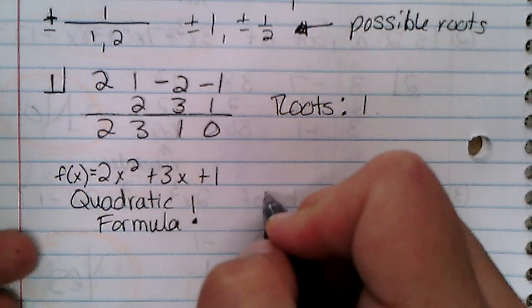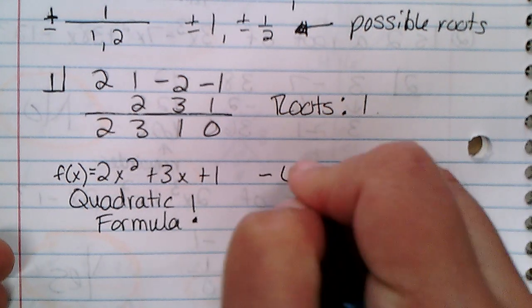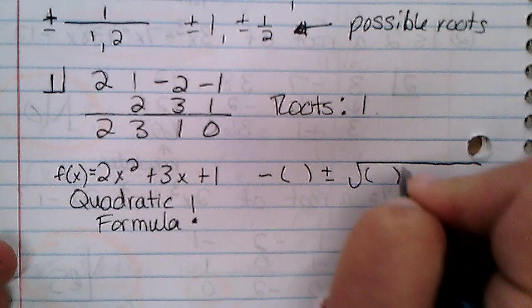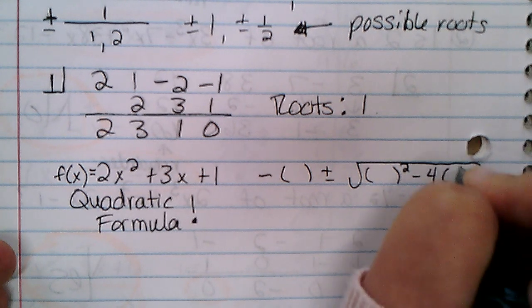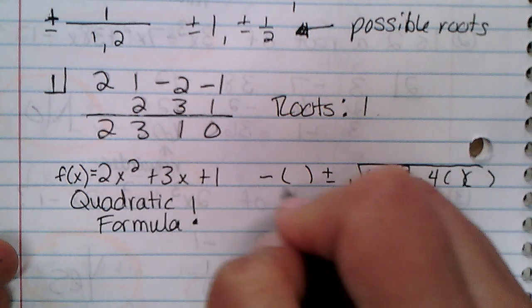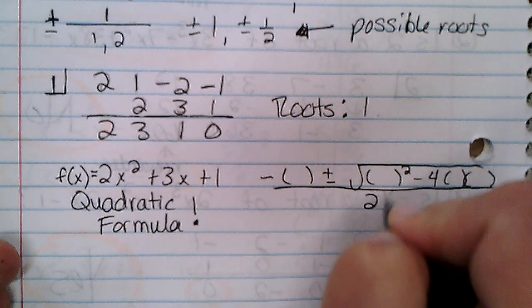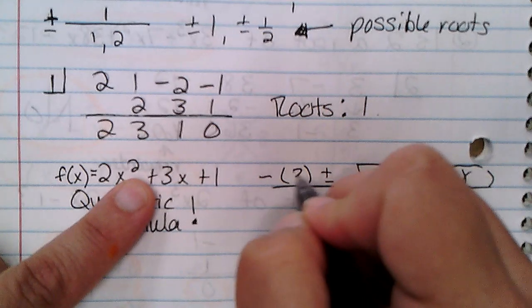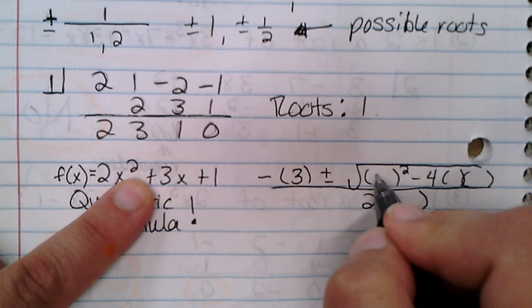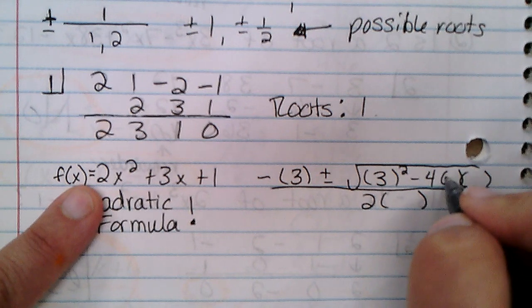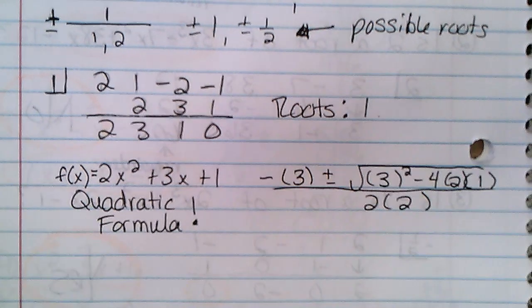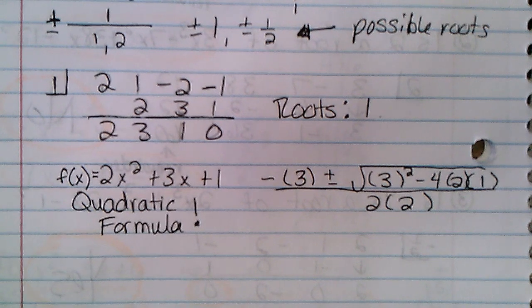The quadratic formula is negative b plus or minus the square root of b squared minus 4ac, all over 2a. So we're going to get some review of the quadratic formula here.